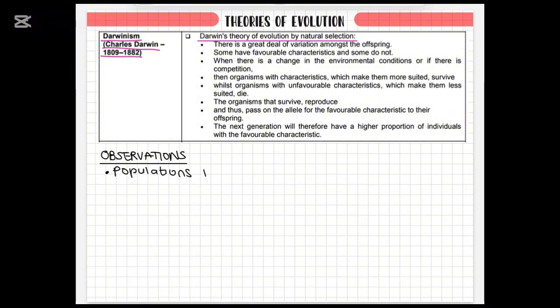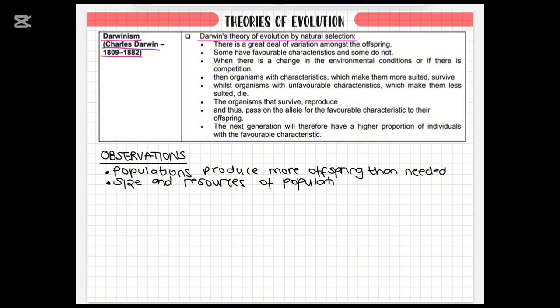The first one is that populations produce more offspring than they need to. Secondly, that sizes and population resources remain constant. This simply means that there are just limited resources in a habitat. Thirdly, that there is a great deal of variation among organisms of the same species.